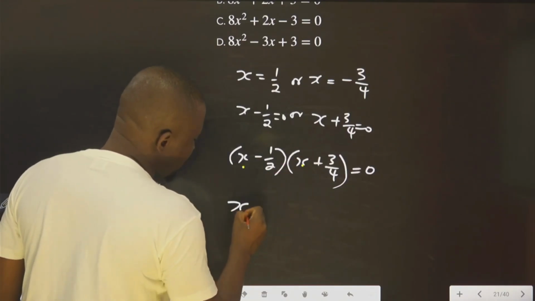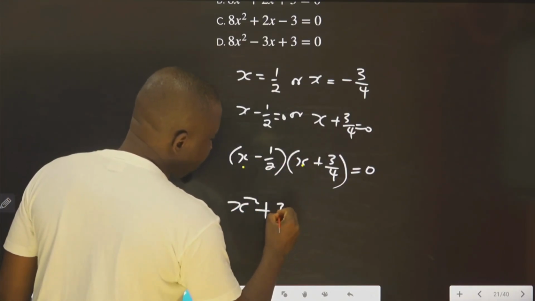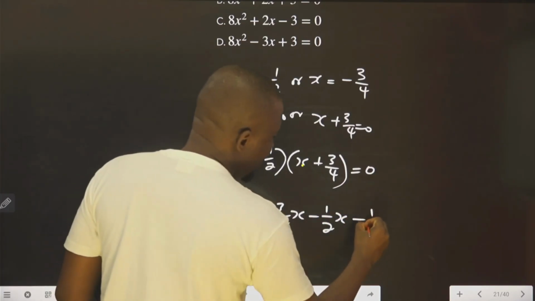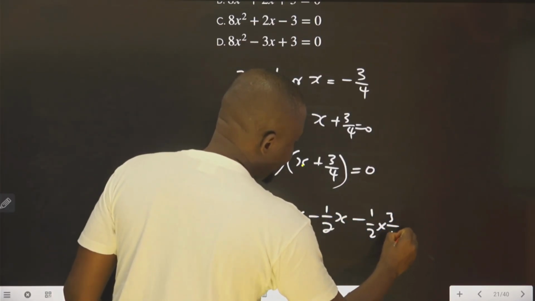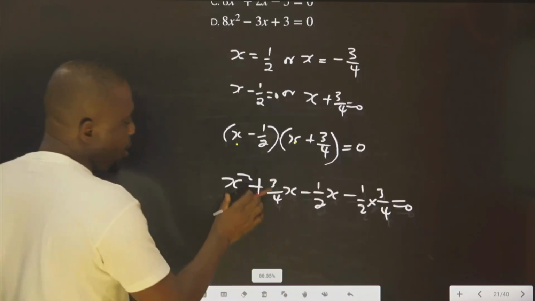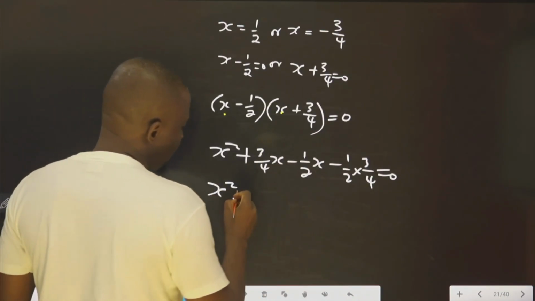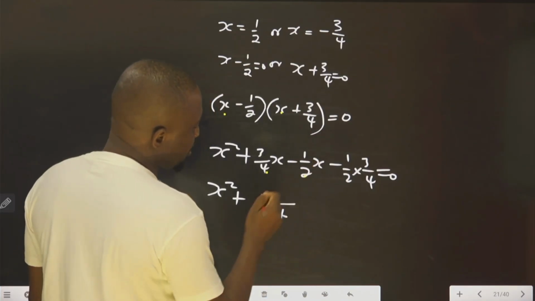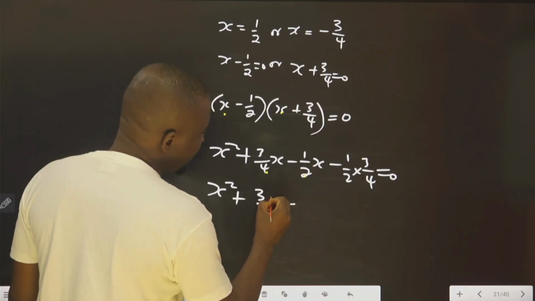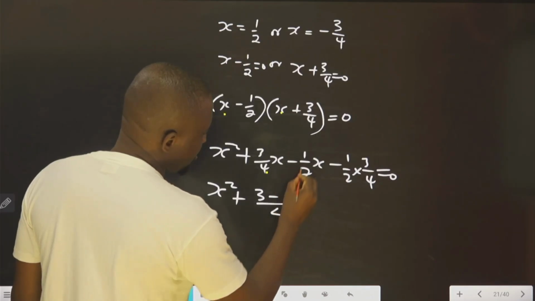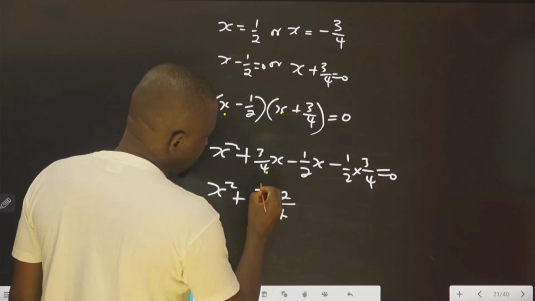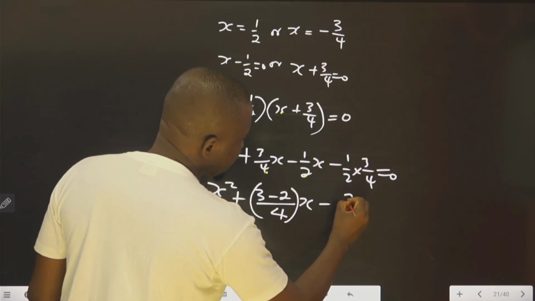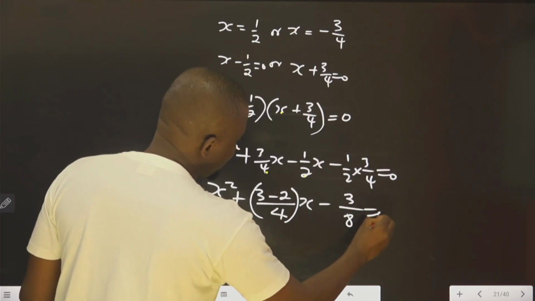All you have to do now, you expand it. This time this will give us x squared. This is plus 3 over 4x minus 1 over 2x. 1 over 2 multiplied by 3 over 4 equal to 0. Then you work on this x squared plus, you agree with me here, the LCM is 4 between this and this. We're going to have here 3 minus, this is 2. We put x here. This will give us minus 3 over 8 equal to 0.